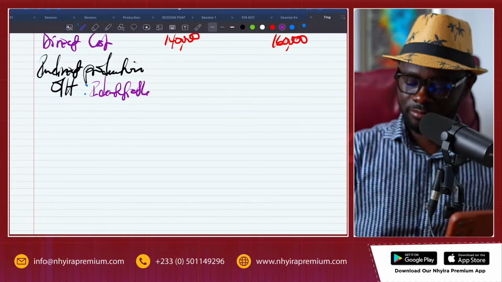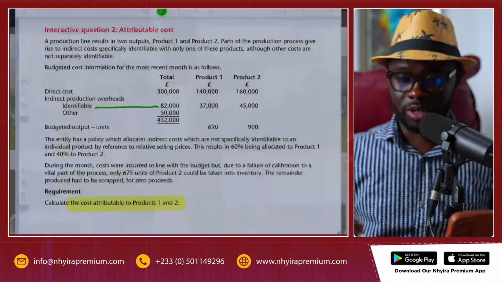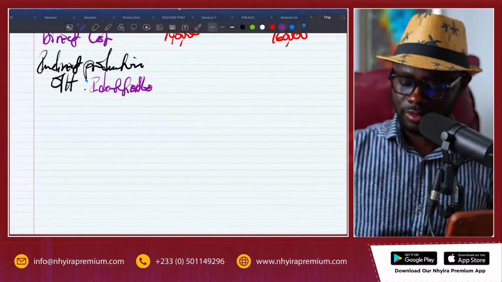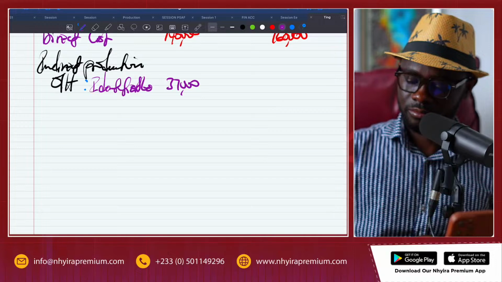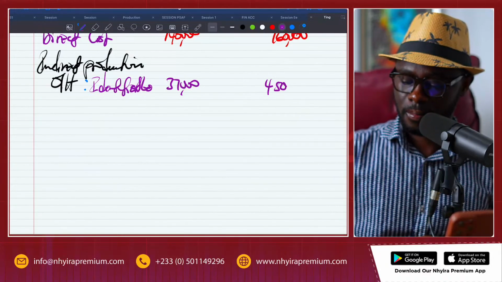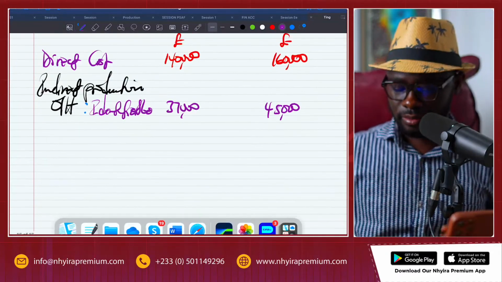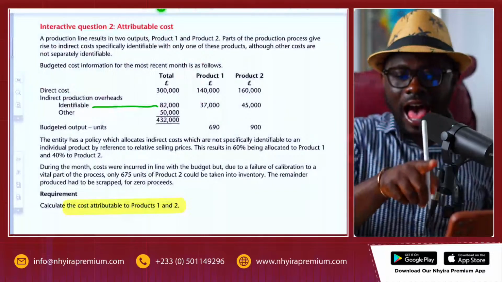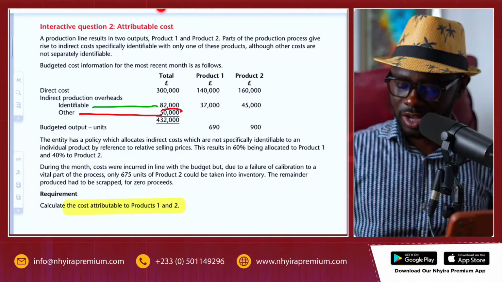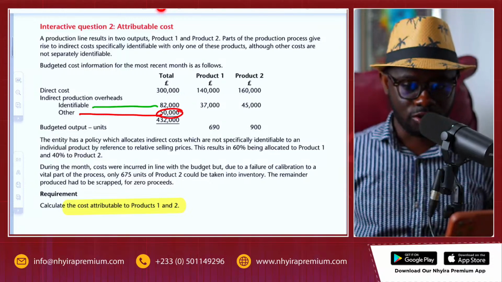Identifiable. And so how much we got? 37,000, 45,000. Okay. Next. Other. And the other is 50,000. It's not categorized. So let's continue to read.